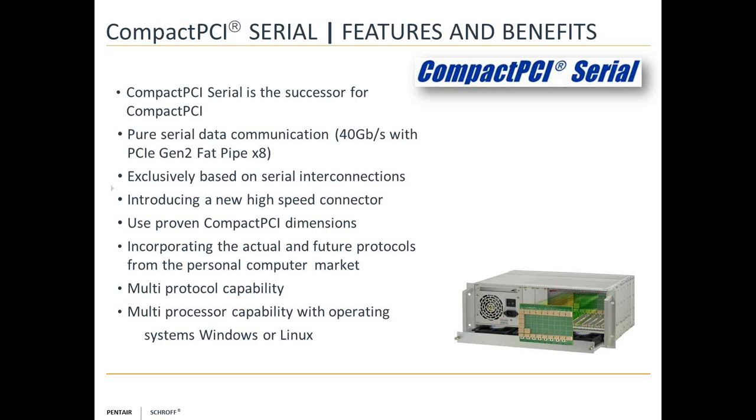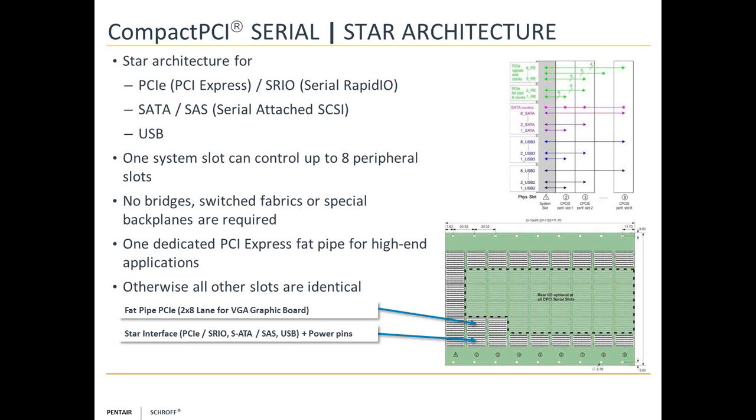It supports multi-protocol capability, including PCI Express, Gigabit Ethernet, USB, and SATA, and also has multi-processor capability with Windows or Linux operating systems. It supports 12-volt power and has a rear I/O. In terms of the mezzanine cards, it supports PMC and XMC interoperability, and it has an optional hot swap and IPMI support. So lots more functionality and speed than the previous versions.